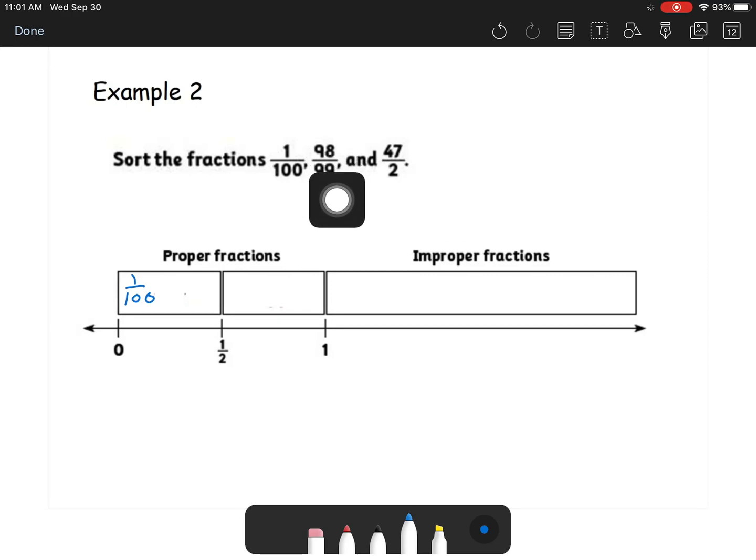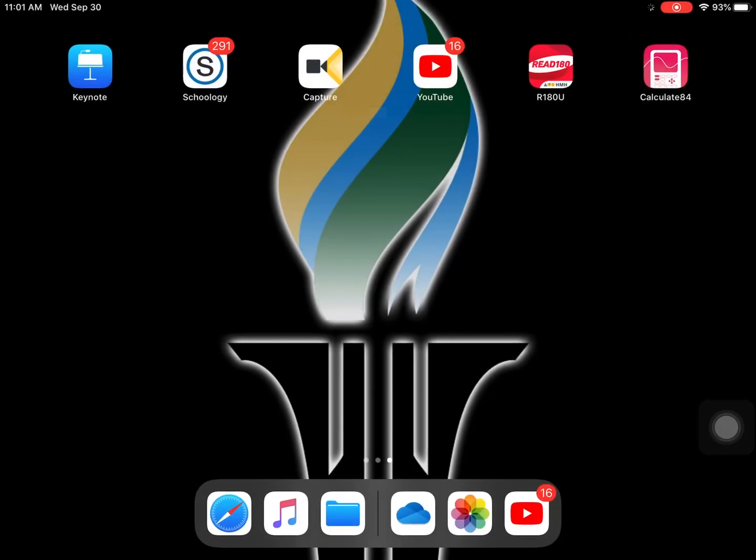Well, 98 is still smaller than 99, but it's a relatively large fraction because it's very close to 1. 99 over 99 would be where the 1 is, right? So 98 over 99 is going to go in this box. And then 47 over 2, well, 47 is much larger than 2, so it's an improper fraction. That would be over in this box.